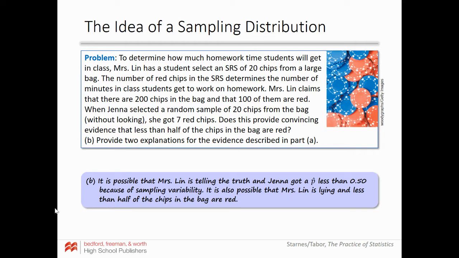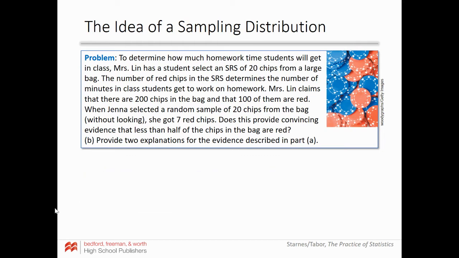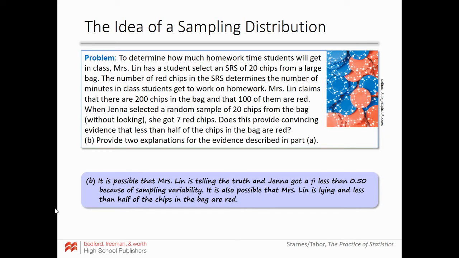However, it's also possible that Miss Lin is lying and less than half of the chips in the bag are red, and that's why we got less than 50%. Maybe the actual proportion is really 0.35, and Miss Lin's lying to us. But those are the only 2 options for us to get less than 50%.